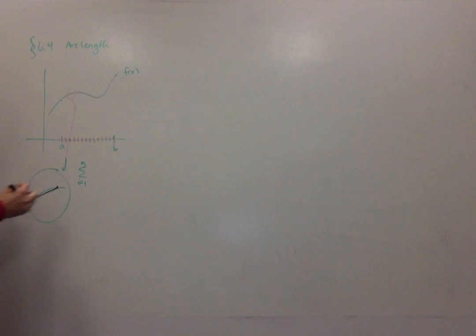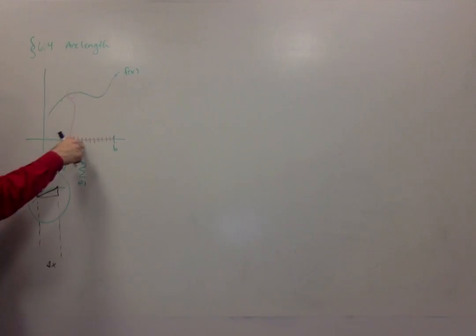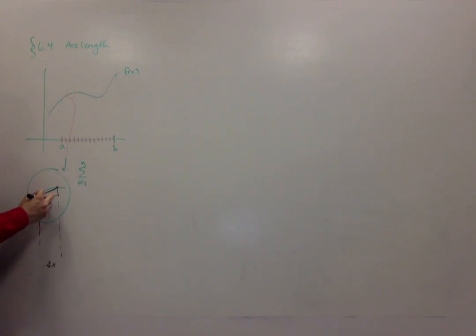Now the way that we get the length of the straight line, this way down here, that length is delta x. We make all of these lengths delta x. So this same length is delta x, and we're going to call this height difference delta y. So this straight length right here is going to be, by the Pythagorean theorem, the square root of delta x squared plus delta y squared.